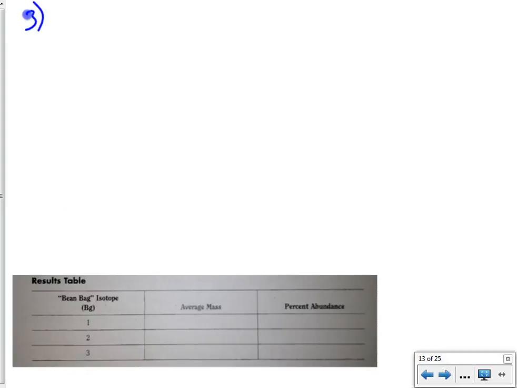So this is postlab question number 3. We're going to label that as the atomic mass of the Bg beanbag element.